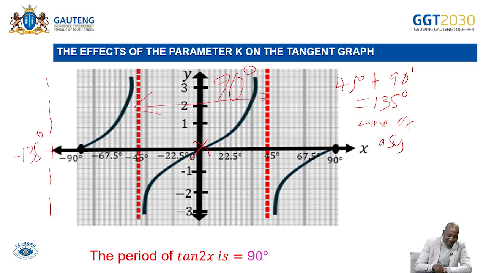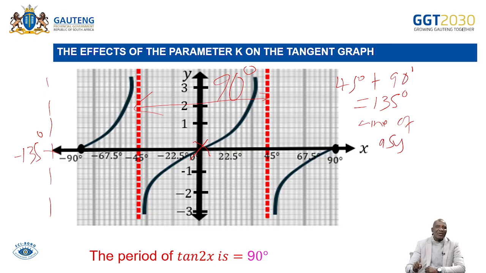Will be my other line of asymptote. Remember, we are saying it's plus or minus. If one is 45, the other is minus 45. If one is 135, the other is minus 135. That's how these lines of asymptotes are displayed on that Cartesian plane.